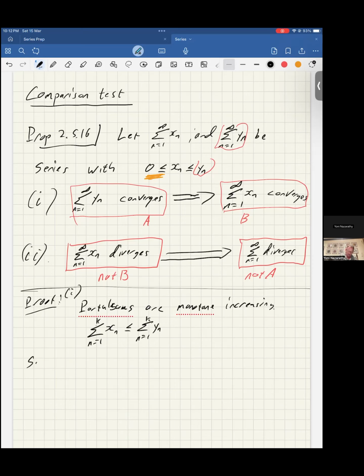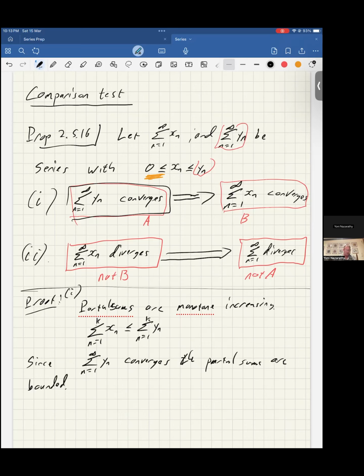So since the y series, the sum from n=1 to infinity of yn, converges, that's our assumption in 1, the partial sums are bounded, again by the monotone convergence.